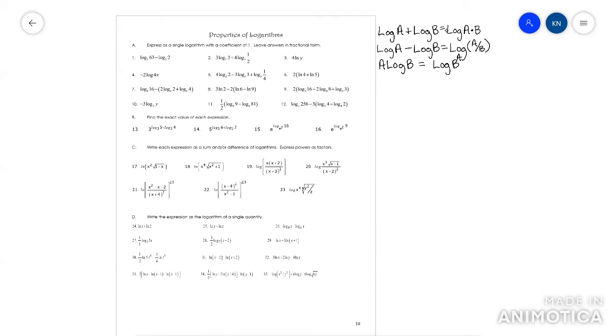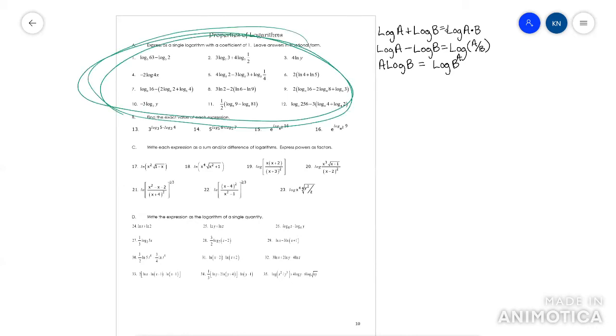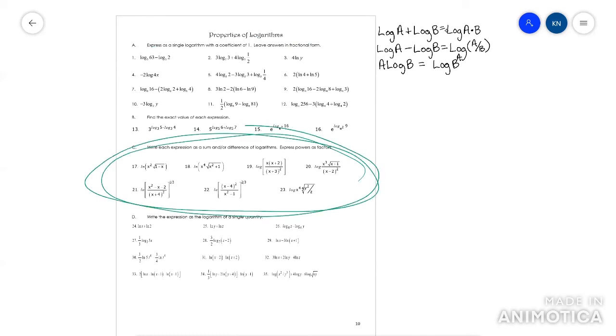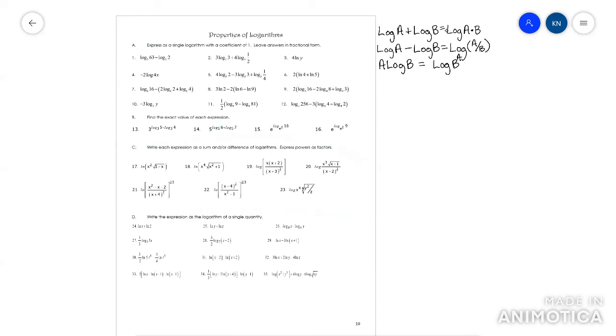Now we get to some of the weirder ones where they want you to break it up. In this first section, we were combining it to make it one log statement. Well, now they want you to break it up to make multiple log statements. So look at number 17. You have ln of x squared root 1 minus x.